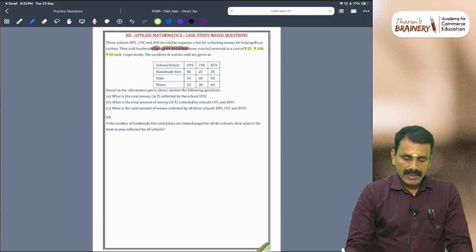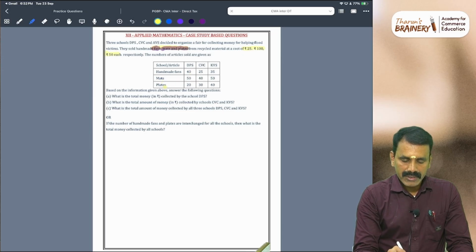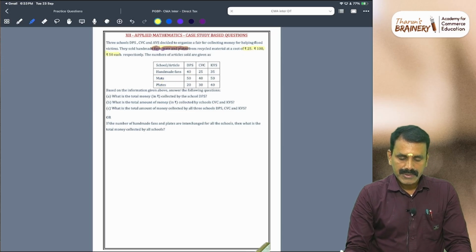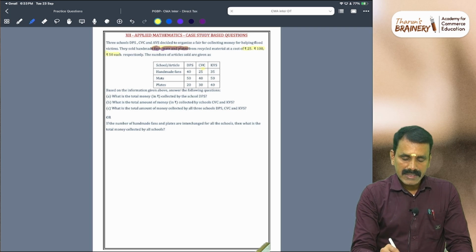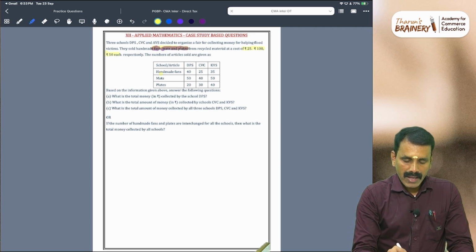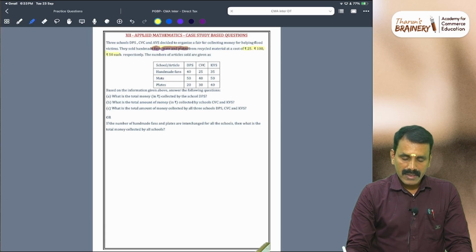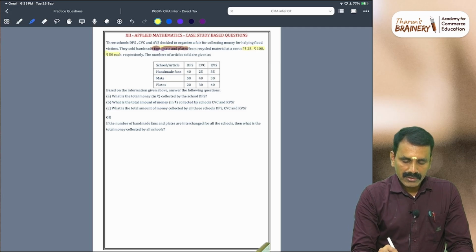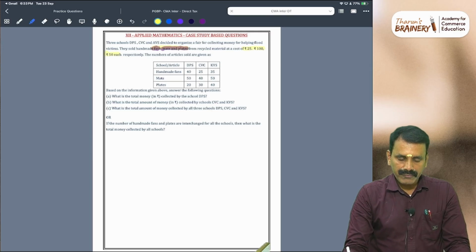That is, DPS sold handmade fans 40 units, mats 50 units, plates 20 units. And the second school, CVC, sold handmade fans 25 units, mats 40 units and plates 30 units. And the KVS sold handmade fans 25 units, mats 50 units, plates 40 units.